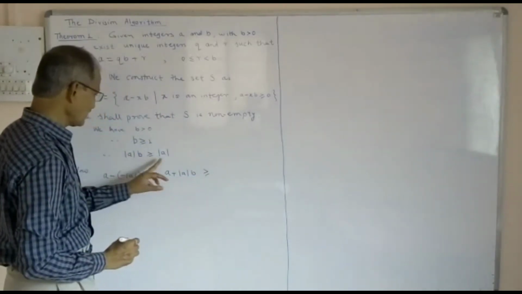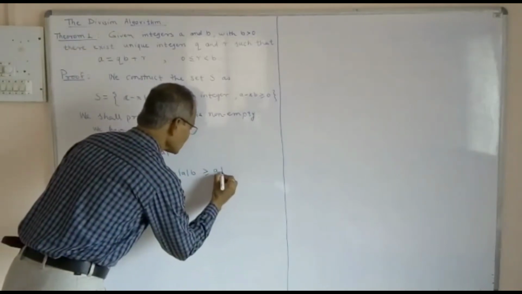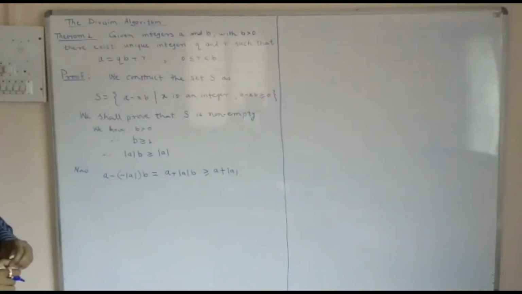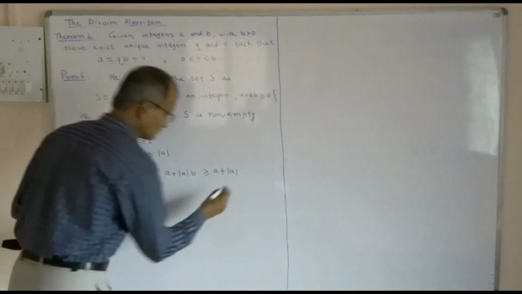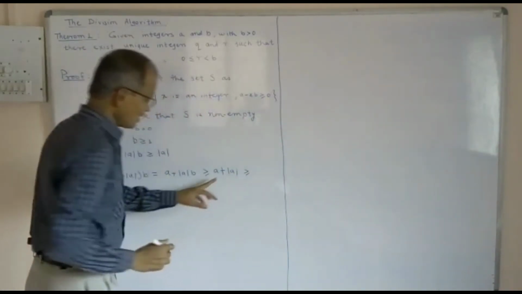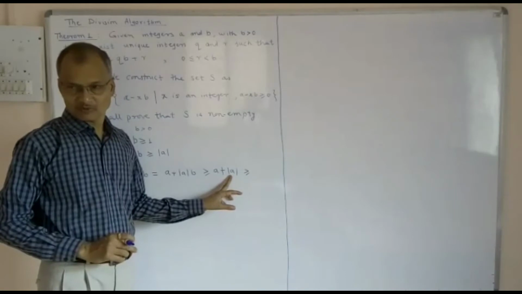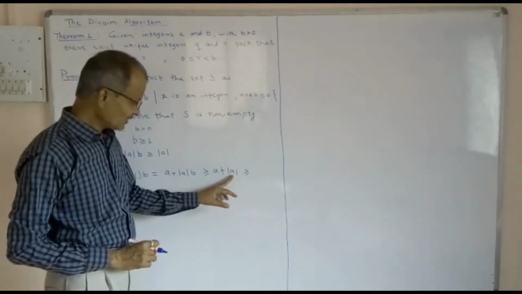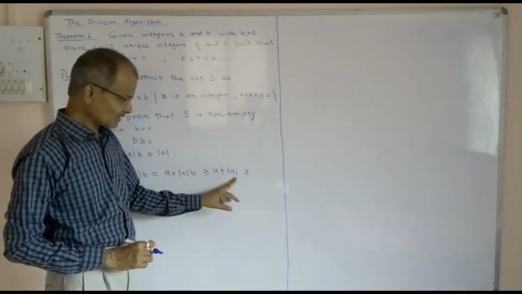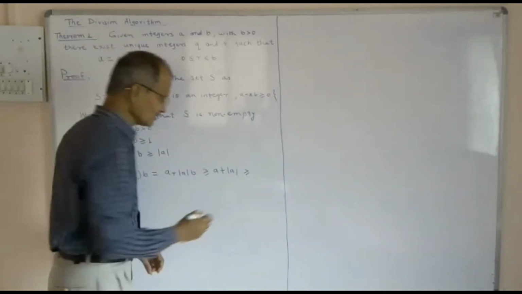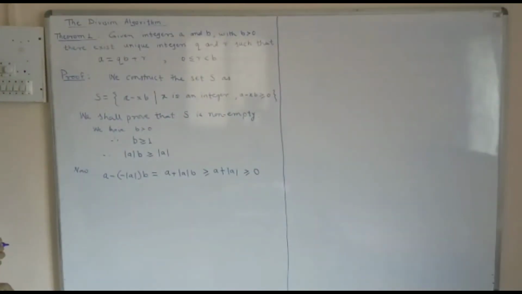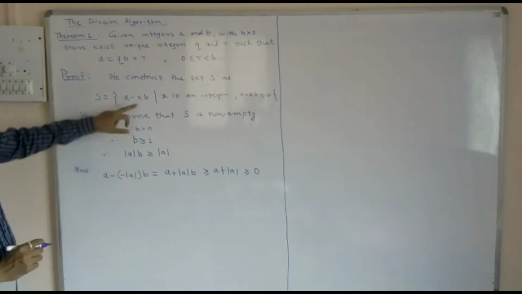So we are adding A on both sides, A plus mod A, and A plus mod A is greater than or equal to 0, because mod A has two possible values, minus A or plus A, and if it is minus A then this will be 0, if it is positive then it is greater than 0. So therefore this value is greater than or equal to 0, and that means this value lies in this set.